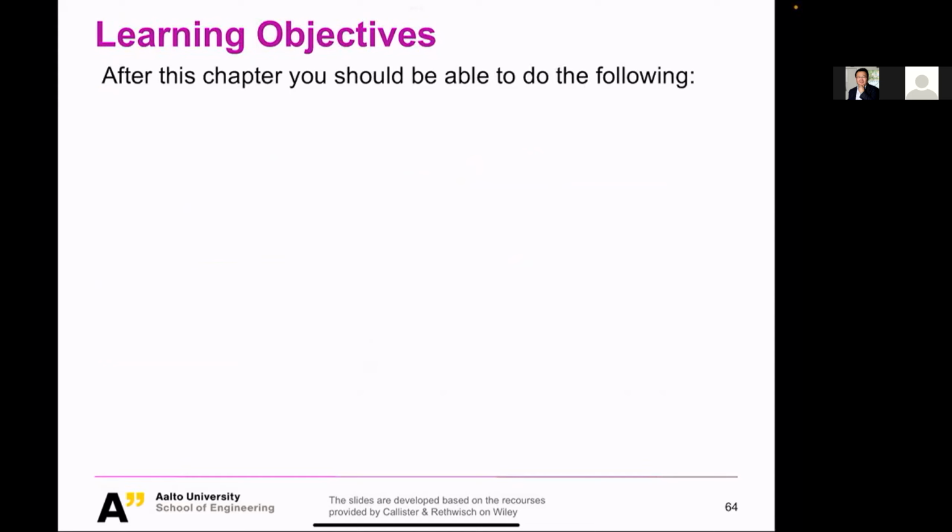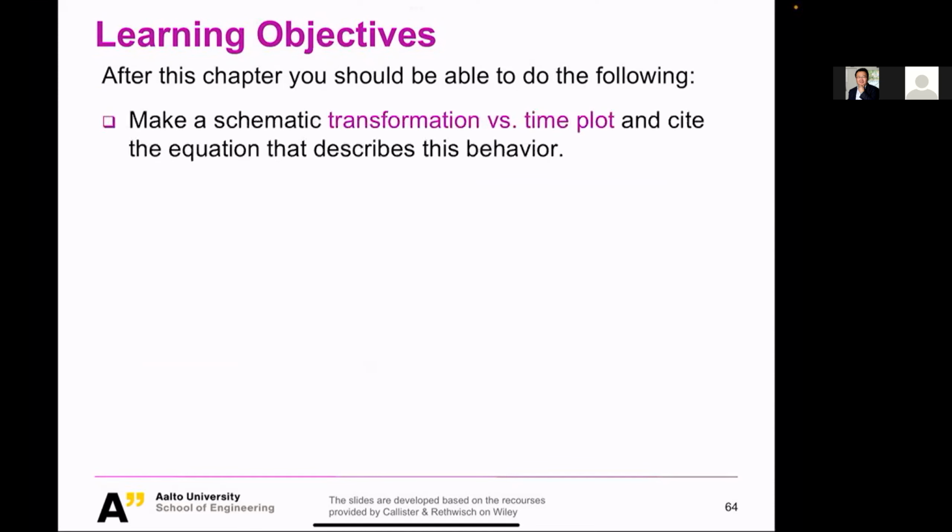And here I'm giving you certain learning objectives once again. There are terms that you don't know yet, but you will know after, let's say, half an hour or so. The first point is, how could we make a schematic drawing of a transformation versus time plot?